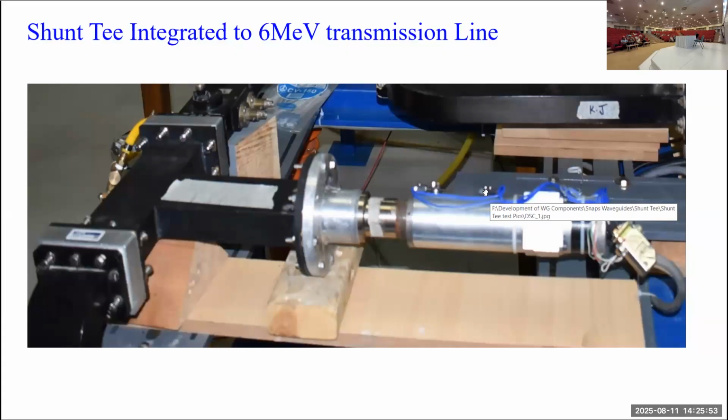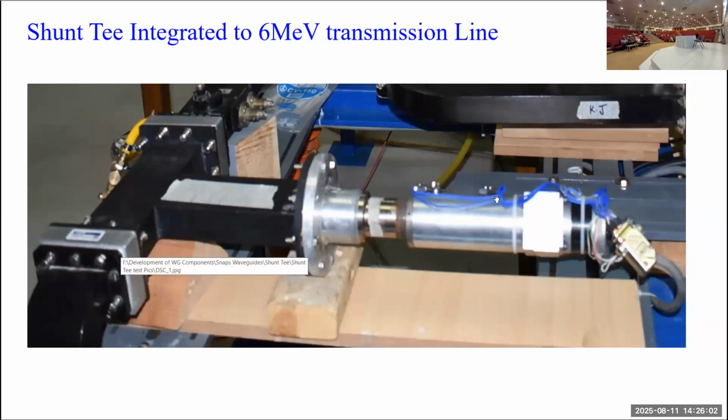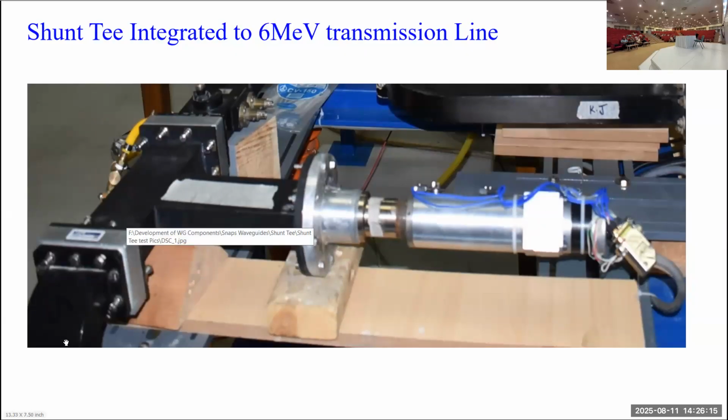When our plunger is here, the power injected to this side is zero because it behaves as a short, and all the power coming in this direction is reflected back. And when it is here, all the power passes through this waveguide and goes to the accelerating structure or any dump or any device under test.